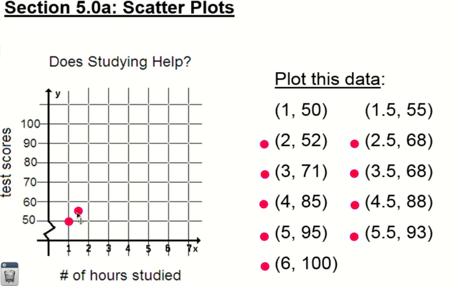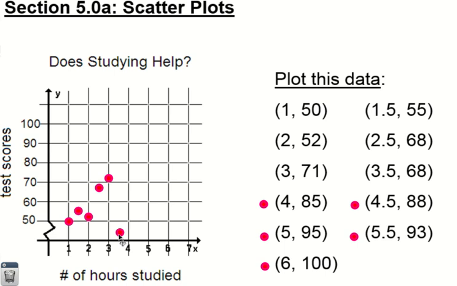All right, so 2, 52, that point would be about right there or so. 2.5, 68, about right there. 3, 71.